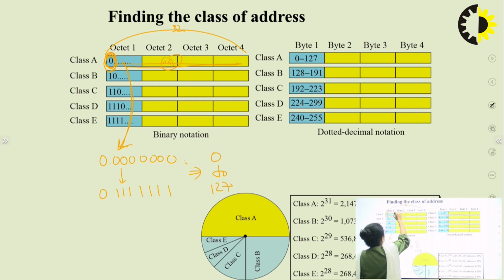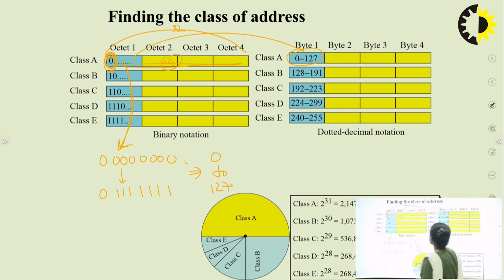So in case of class A, the first octet is 0 to 127. For the remaining 3 octets, it can be any values. Obviously, since each of these is an 8-bit value, the remaining 3 octets can each be from 0 to 255. This is the range of class A addressing.